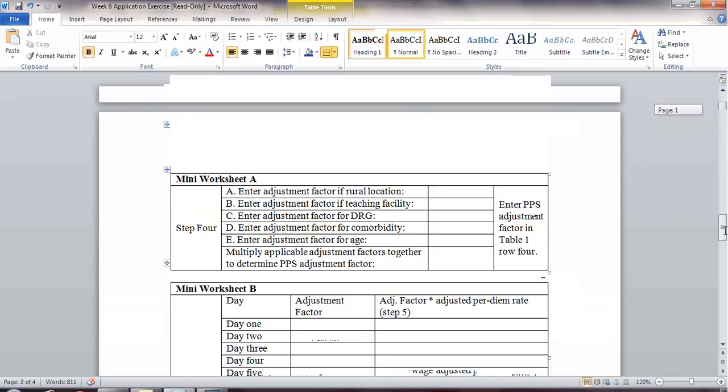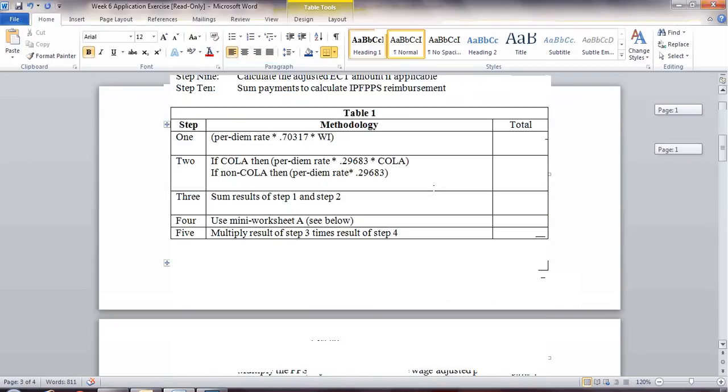So I've attached a PDF that gives a little bit more information on these adjustment factors for inpatient psychiatric facilities. You may want to take a look at that. The rate as of 2007 was 17%. So in this particular cell, what we're going to do is enter the amount 1.17.